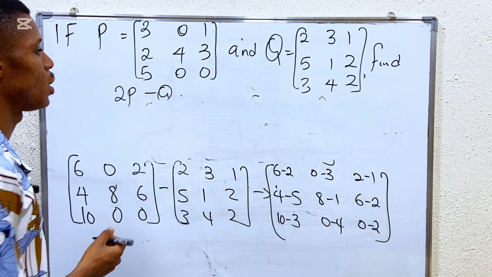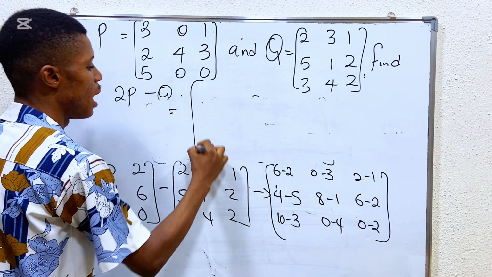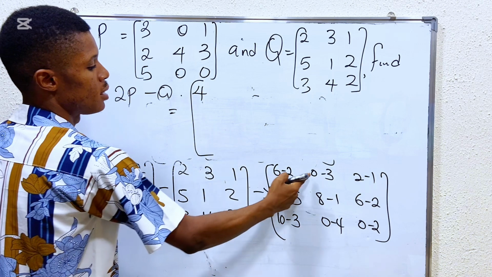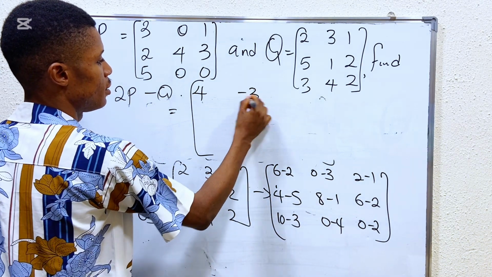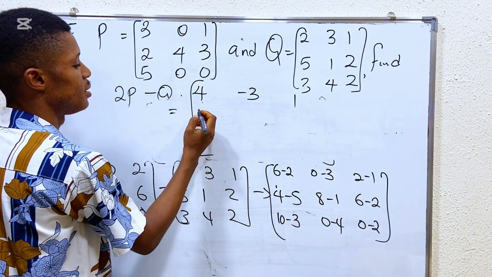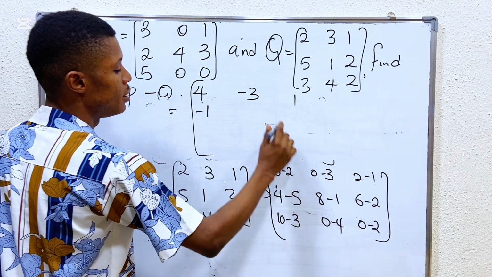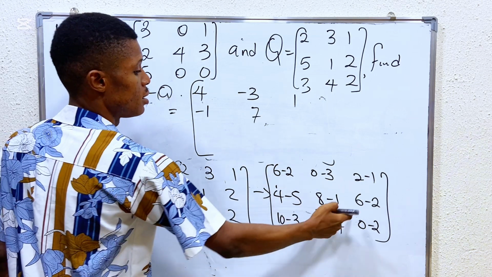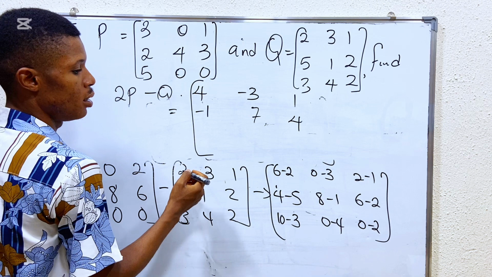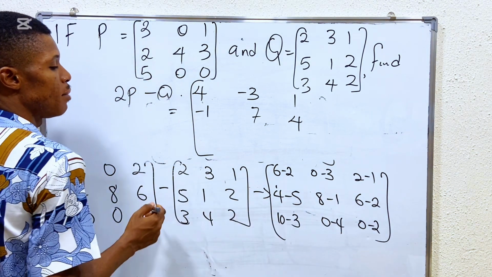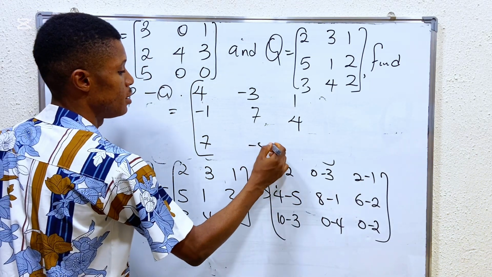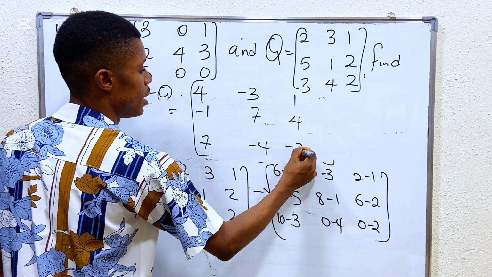So now let's look at the resultant solution to this. We will have a matrix of 6 minus 2 is 4, 0 minus 3 is minus 3, 2 minus 1 is 1, 4 minus 5 is minus 1, 8 minus 1 is 7, 6 minus 2 is 4, 10 minus 3 is 7, 0 minus 4 is minus 4, 0 minus 2 is minus 2.